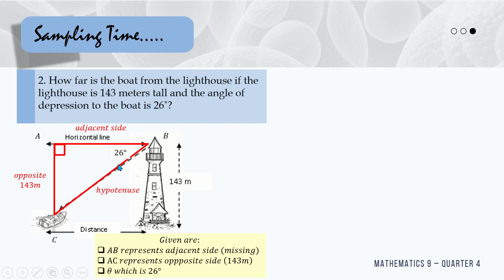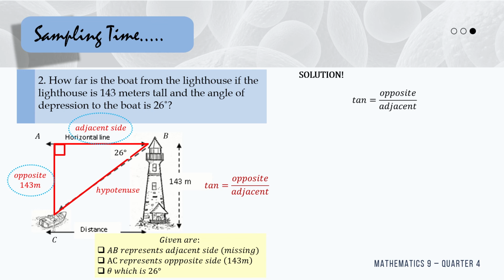Then the reference angle. So, we will make use of what? The tangent function. Tangent is equivalent to opposite over adjacent. Tangent of the angle 26 degrees is equivalent to the opposite side over the adjacent side. So, to give us a brief step-by-step solution, we have the following.